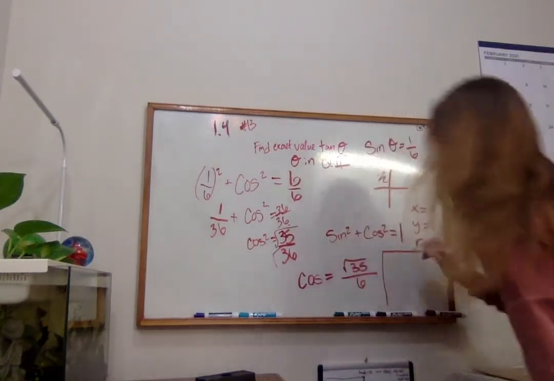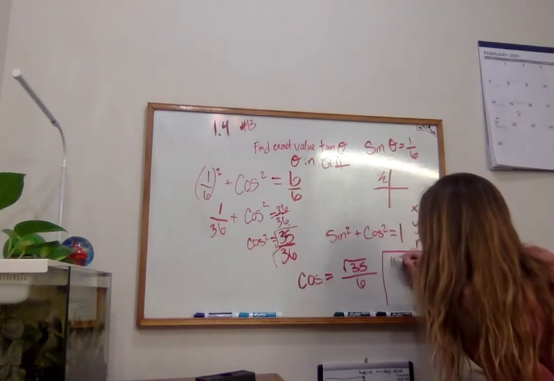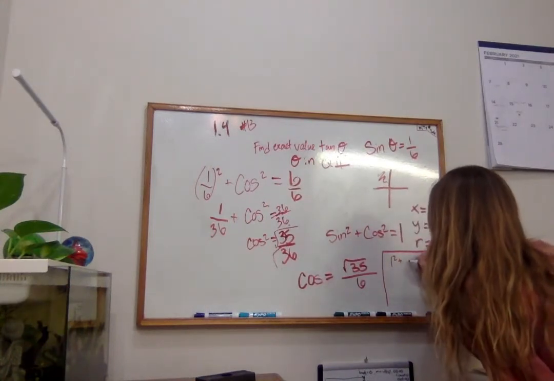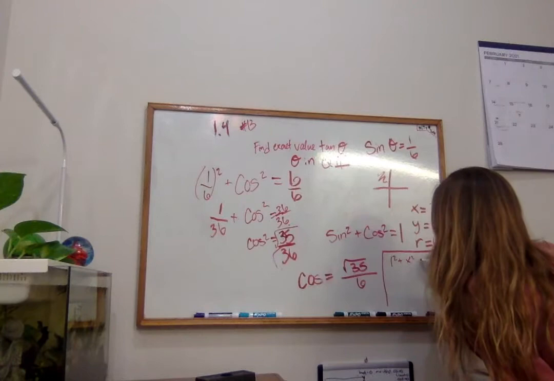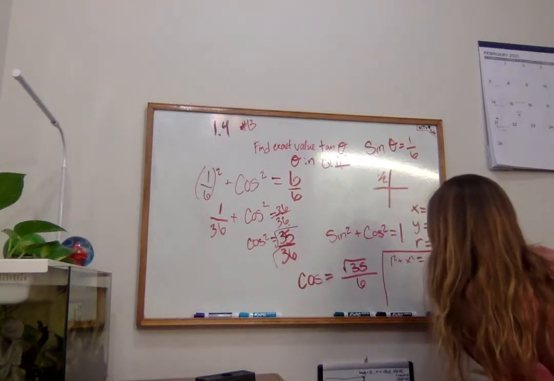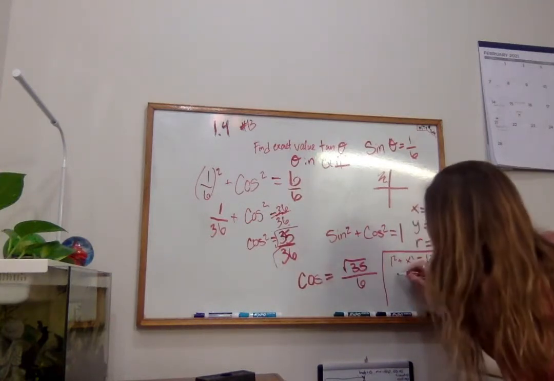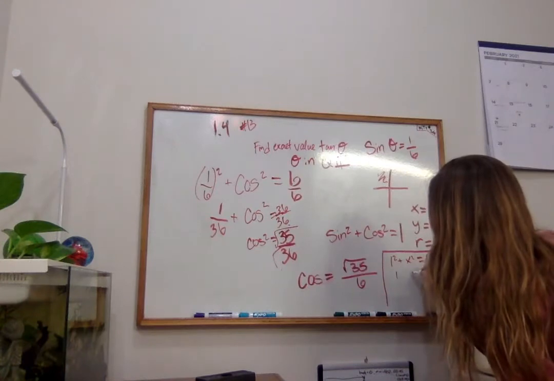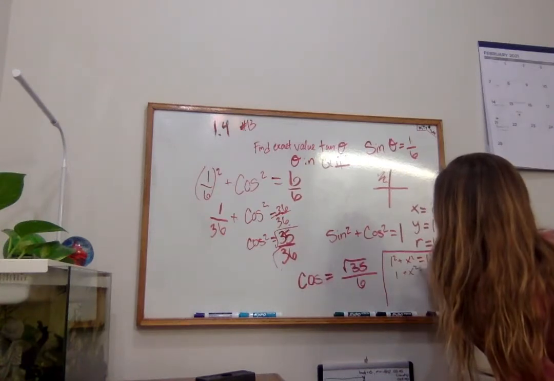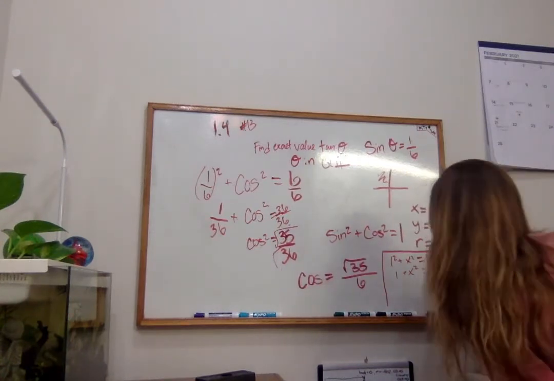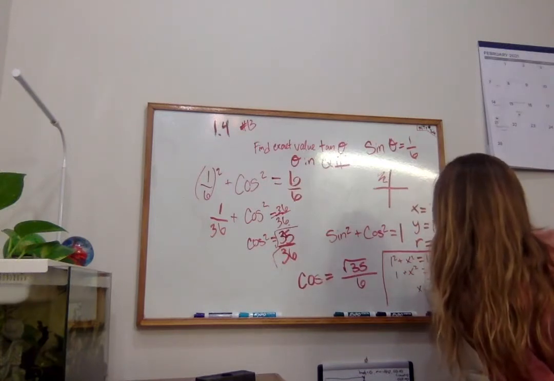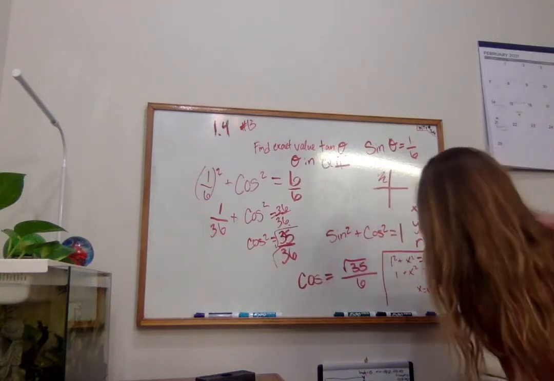Okay, let's see. So 1 squared plus x squared equals 6 squared. So that was 1 plus x squared equals 36. So x equals square root of 35.